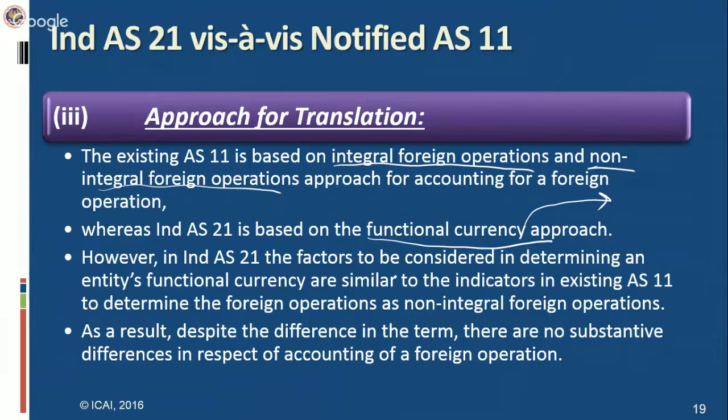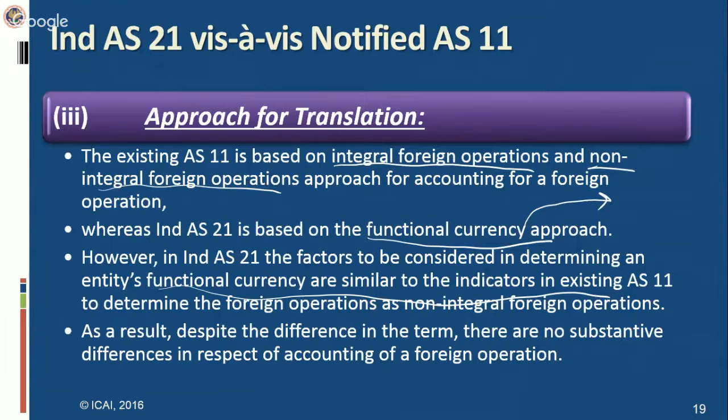In Ind AS 21, the factors to be considered in determining an entity's functional currency are similar to the indicators in existing AS 11 to determine the foreign operation as non-integral foreign operation. So more or less, we can say that only the uses of terms are different. Only the definition of terms may be different, but the intention and the accounting part is more or less same.